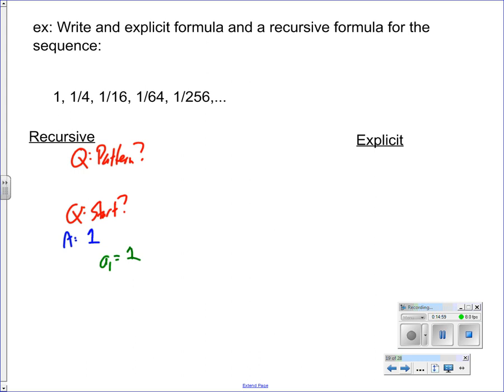Alright, second piece, what's the pattern? I go from 1 to 1/4, 1/16, 1/64. I notice the denominators of these fractions are powers of 4, so what I'm doing is I'm multiplying by 1/4 every time.